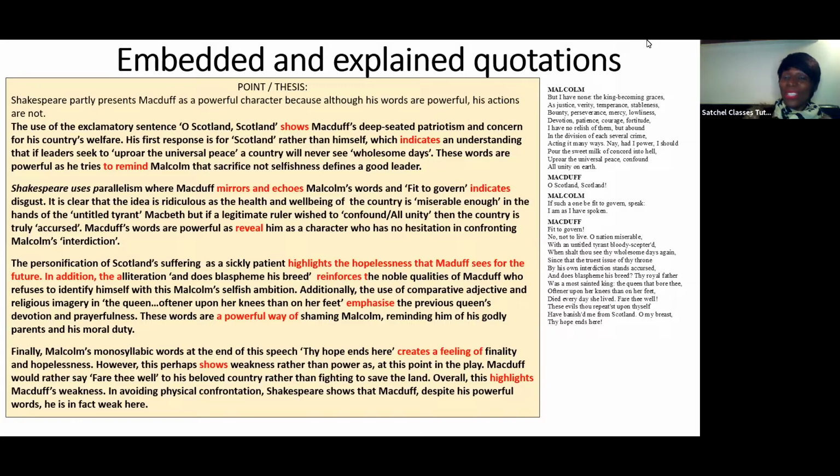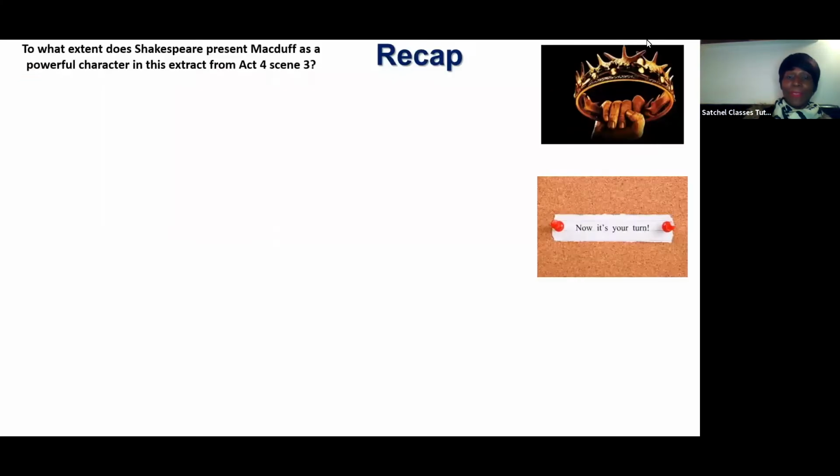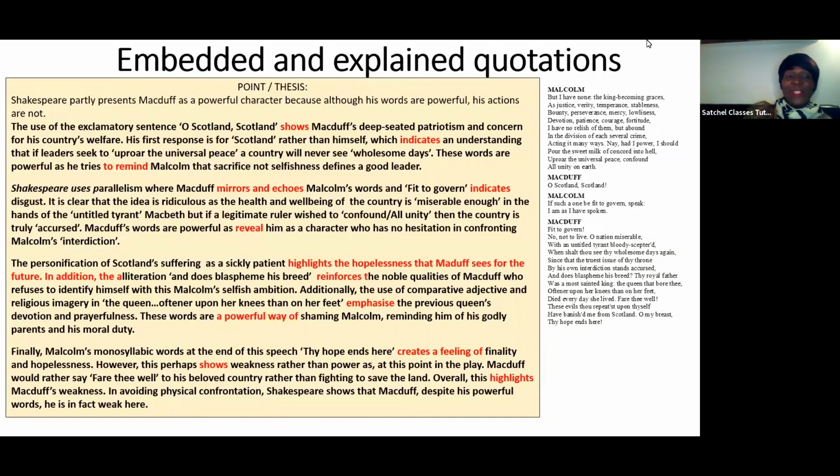So I've answered the question: has Shakespeare presented him as a powerful character? To what extent? Well, partly. So I would say that his use of the exclamatory sentence, oh, Scotland, Scotland, shows Macduff's deep-seated patriotism and his concern for his country's welfare.